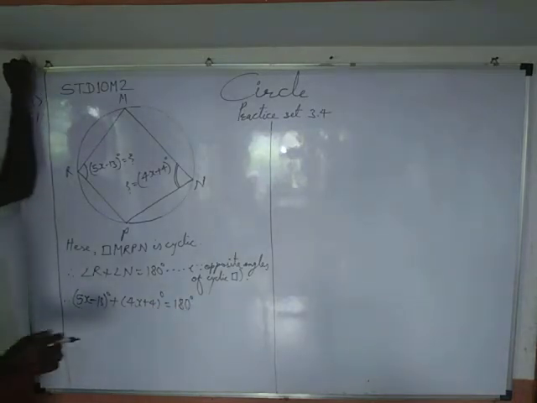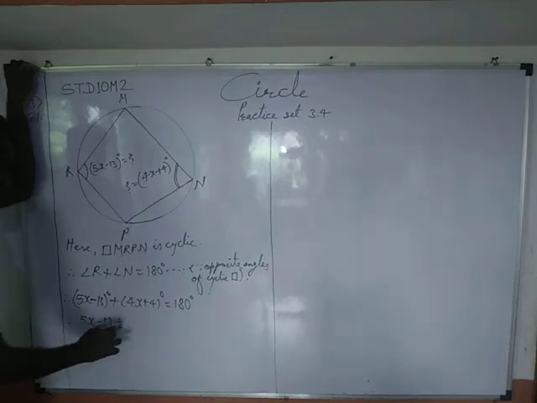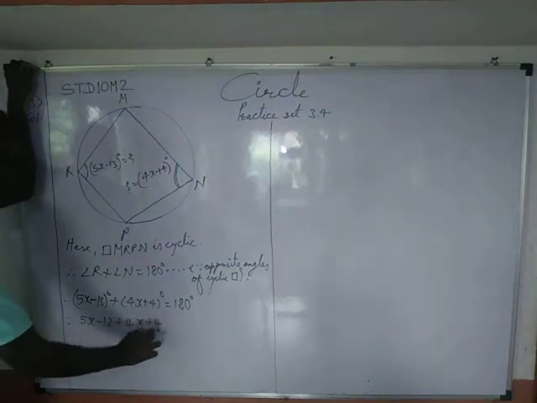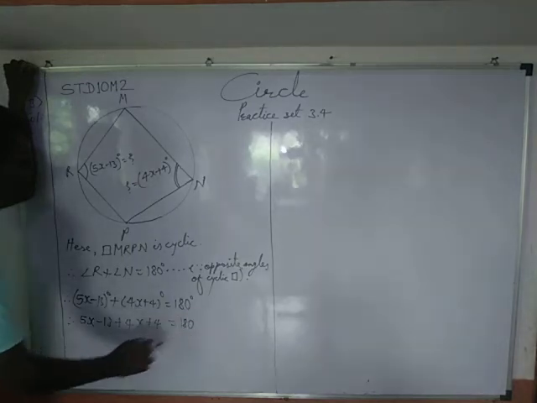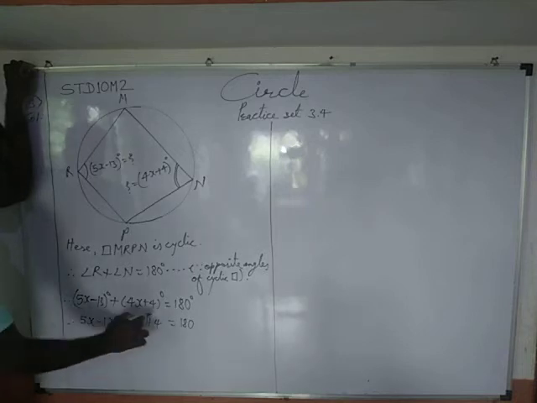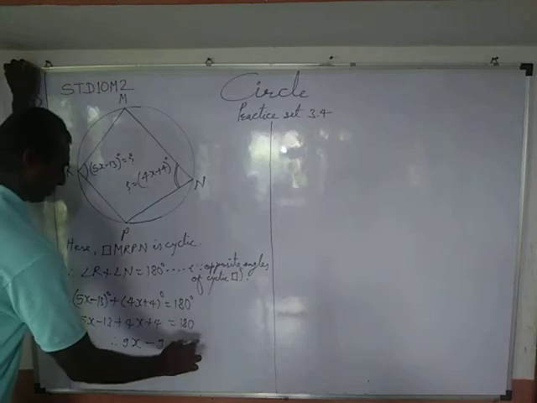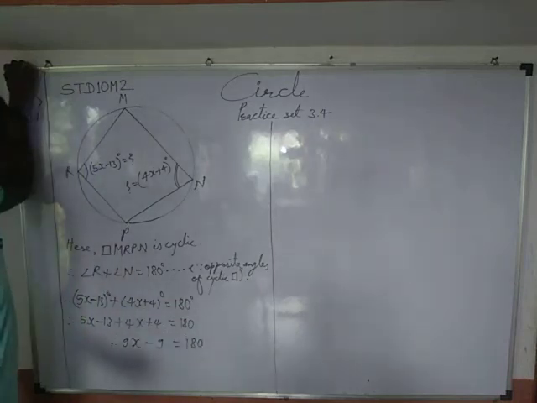Now let's bracket off. Therefore 5x minus 13 plus 4x plus 4 equals 180. 5x plus 4x gives us 9x, and minus 13 plus 4 gives us minus 9 equals 180.